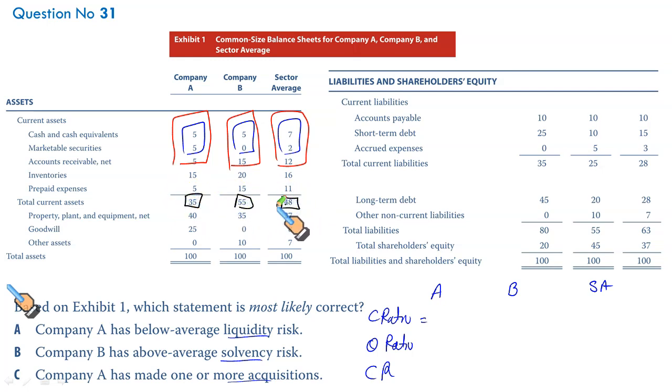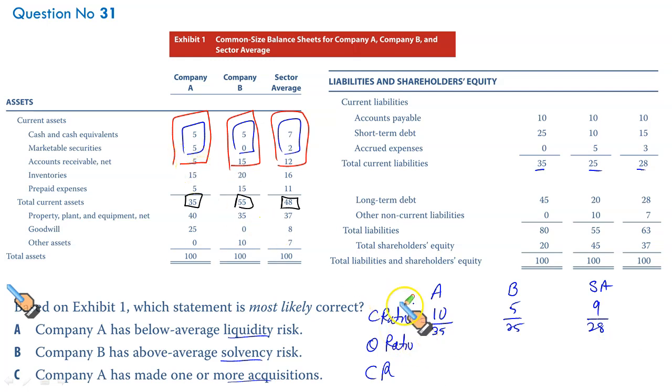Okay, first let's calculate the cash ratio. That will take 5 plus 5, 10, 5 plus 0, 5, and 7 plus 2, 9. The denominator will be current liability for these: 35, 25, and 28. So it's going to be 35 for the first one, 25 for the second one. It'll take time, but somehow it will help you manage a question with more data.